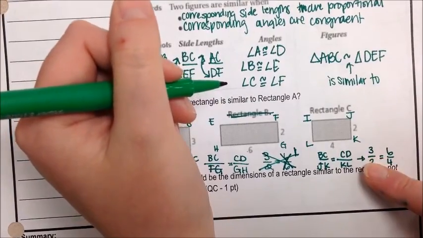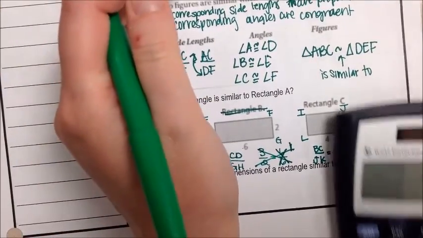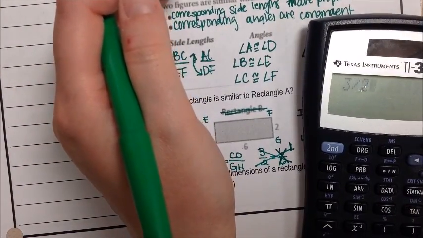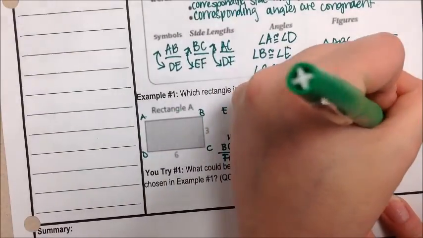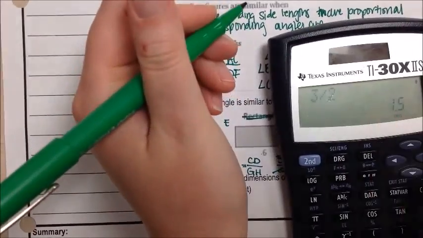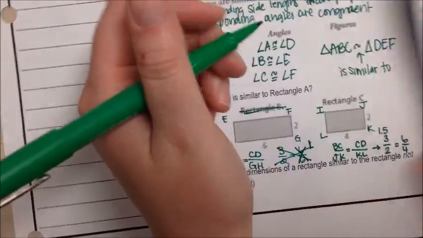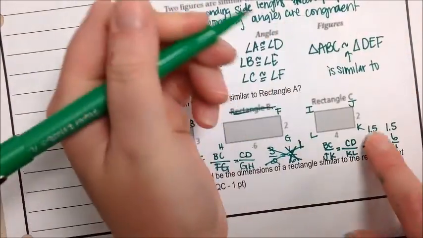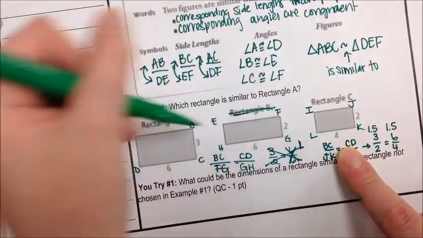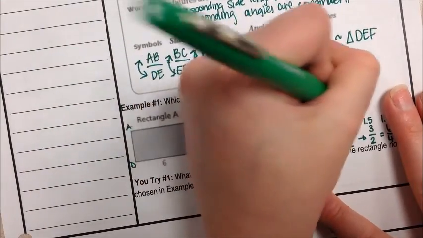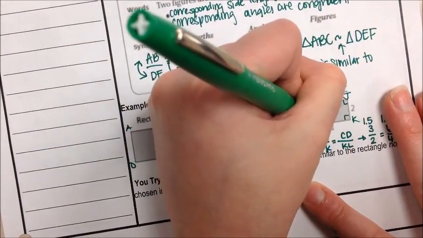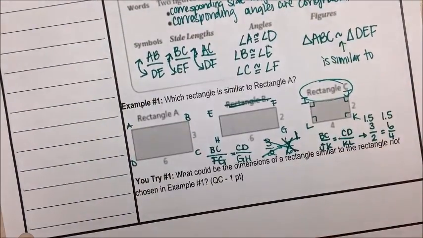I can't simplify this, but I could type it on my calculator. If I do 3 divided by 2, I get 1.5. And if I do 6 divided by 4, I get 1.5. So those are the same. And I know this is a rectangle, so they're all 90-degree angles. So rectangle C is the correct answer.